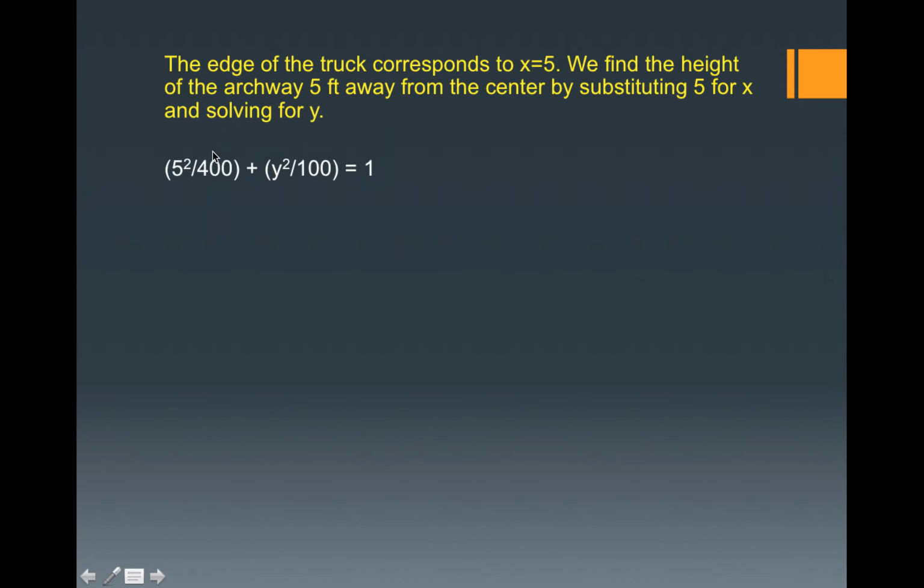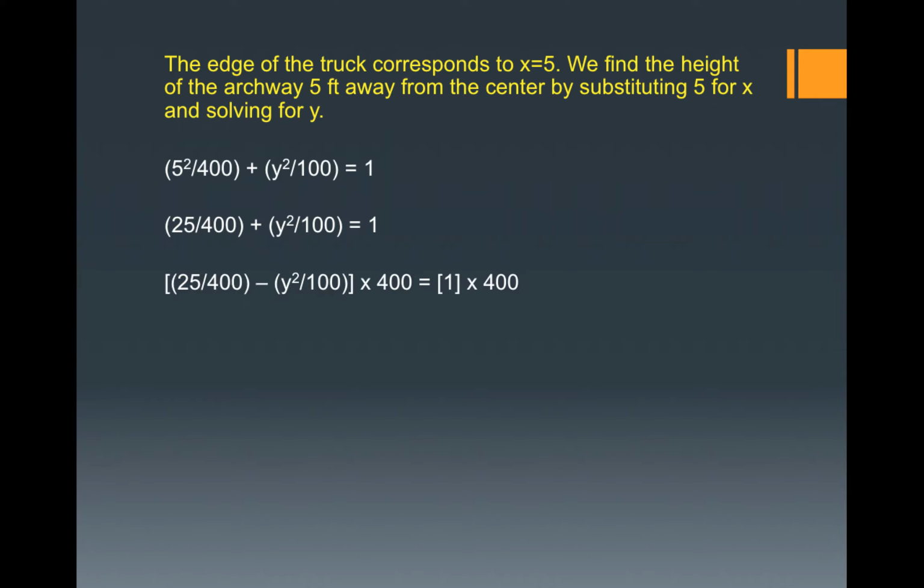5 squared divided by 400 plus y squared divided by 100 equals 1. So we get 25 divided by 400 plus y squared divided by 100 equals 1. And if we calculate, what we do next is, in order to get rid of this denominator so that we can continue and finish finding the value of y, we need to multiply both sides of the equation by 400, because if we were to only do it on one side, then the equation would no longer be accurate.